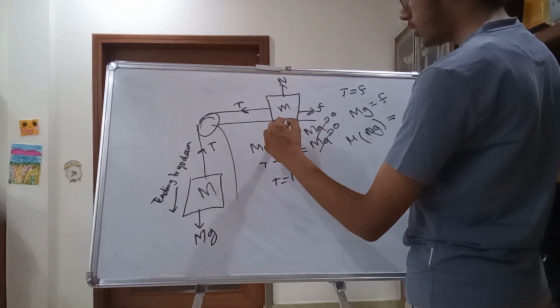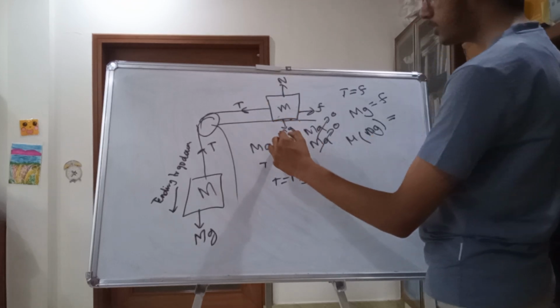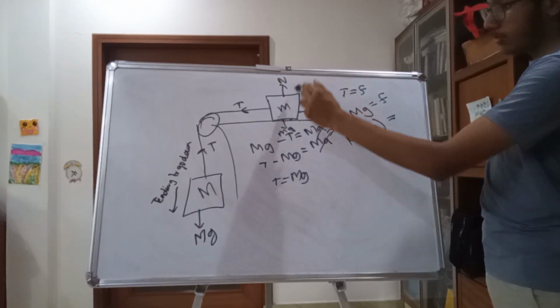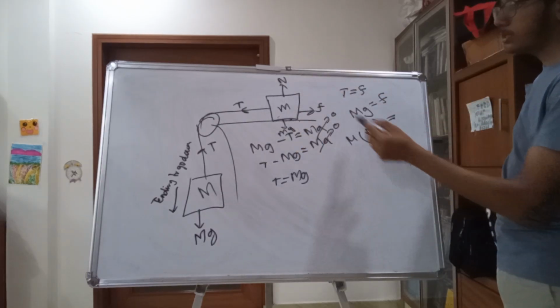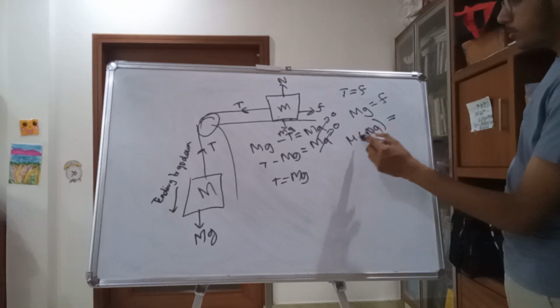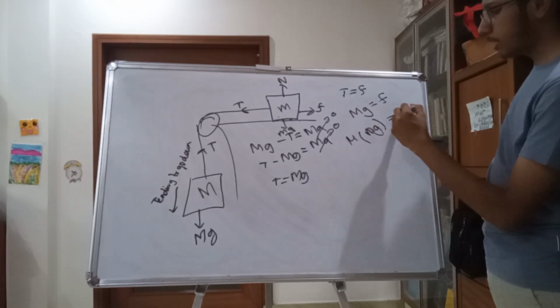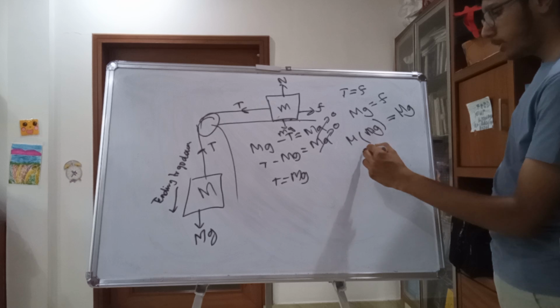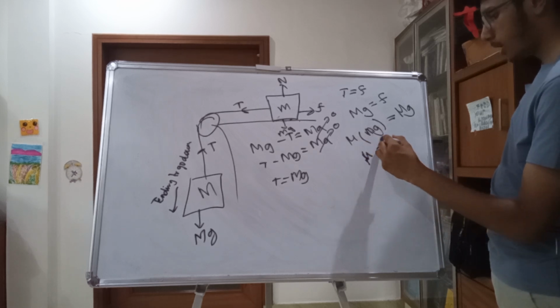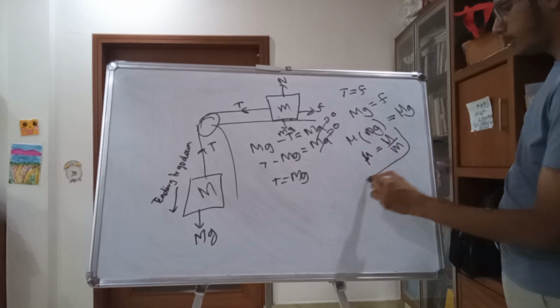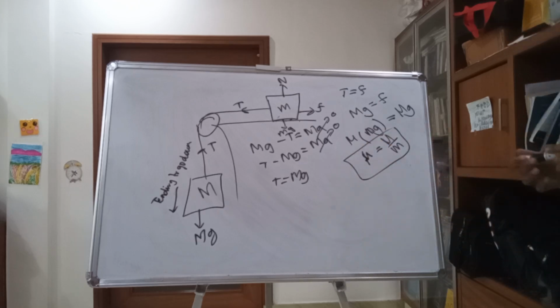This mg is balanced by this normal. So normal is equal to mg. There is no other vertical force acting here. So mu into normal mg is equal to capital M into g. So from here you can get that mu value, the coefficient of friction, is equal to capital M divided by small m. Okay, this is one situation.